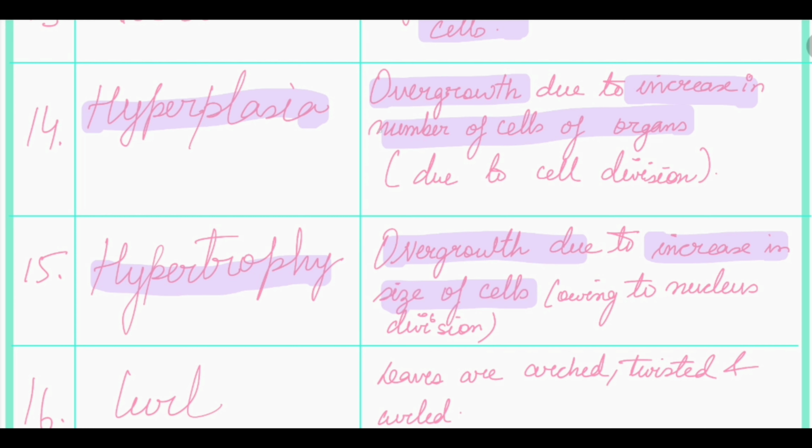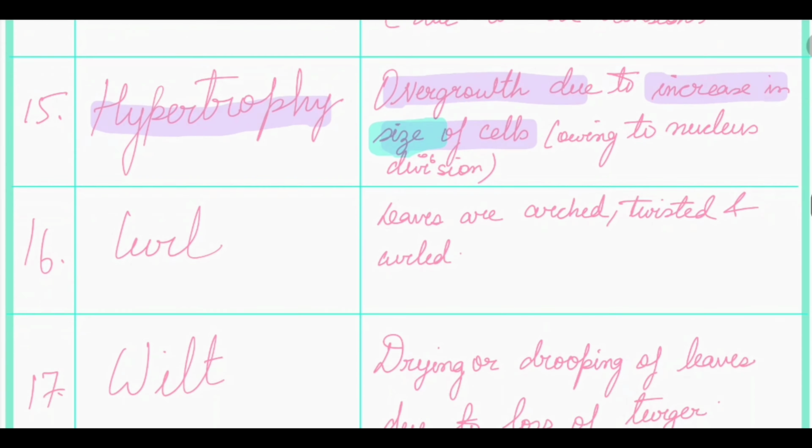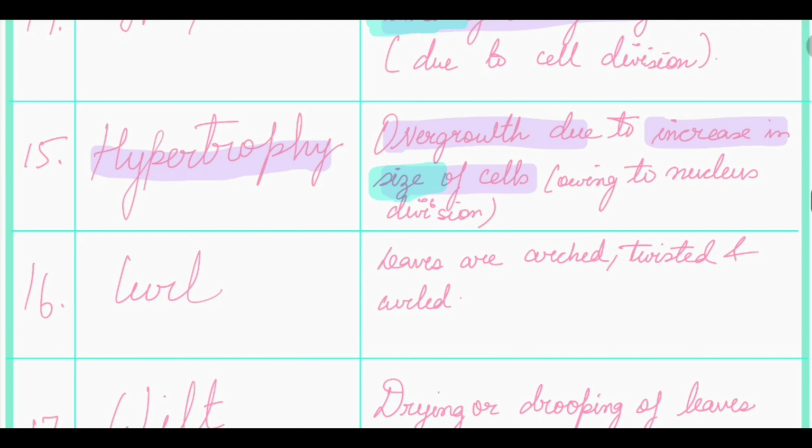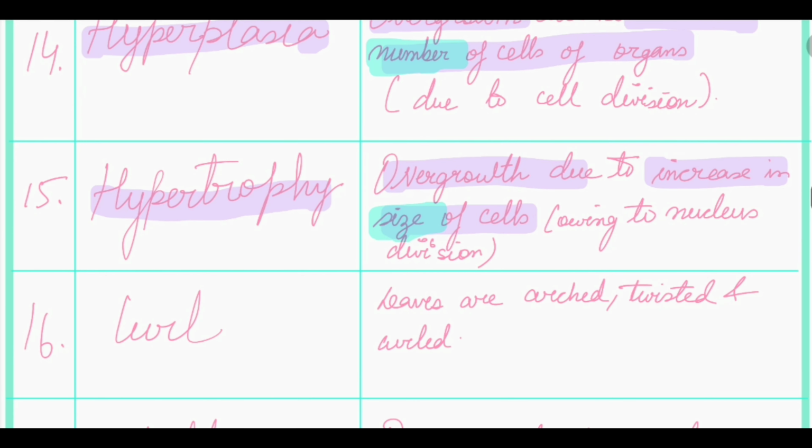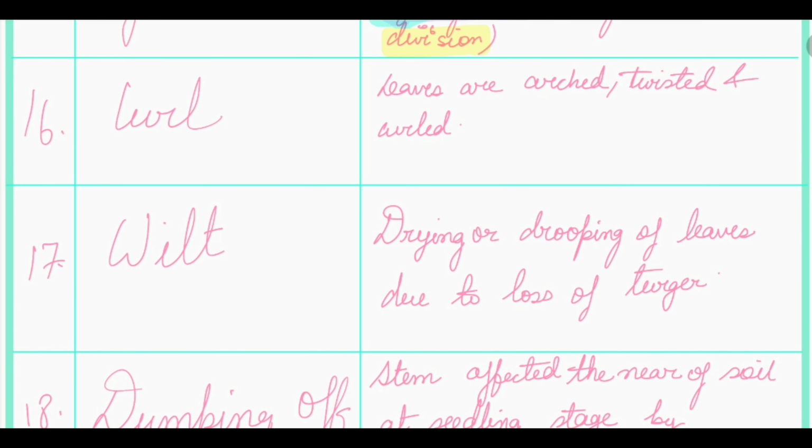Remember, here it is the number of cells, and here it is the size of cells. Remember this thing. Next comes the reason why the overgrowth is there. First, in hyperplasia, that is due to cell division, and in hypertrophy, next comes the curl.